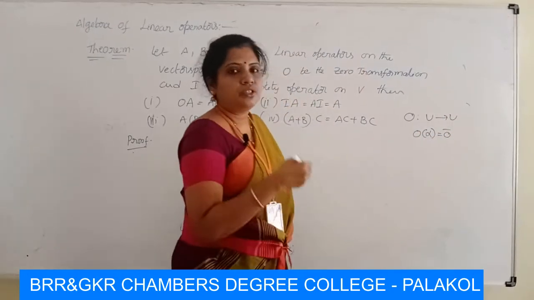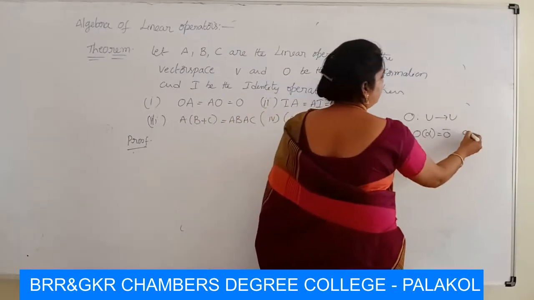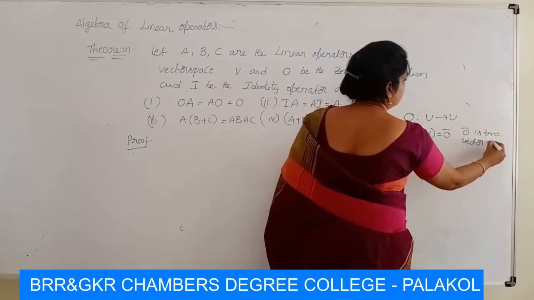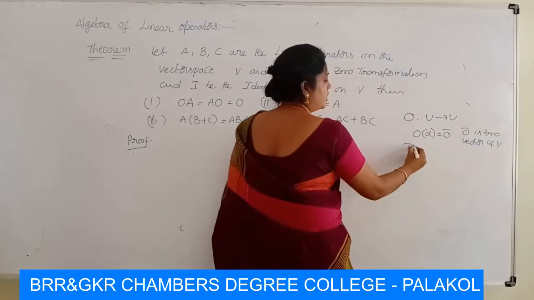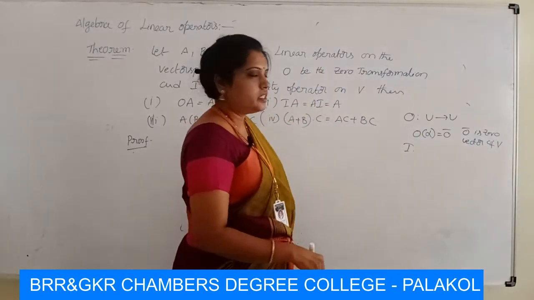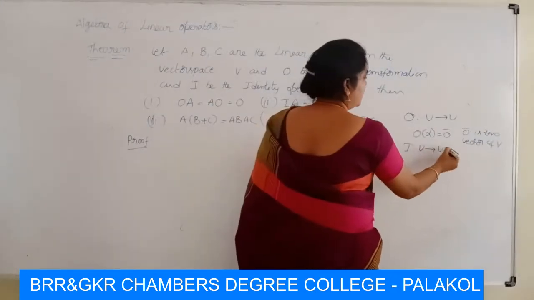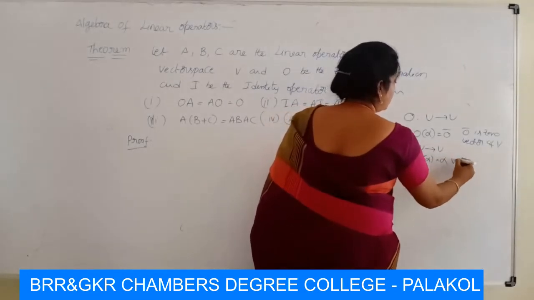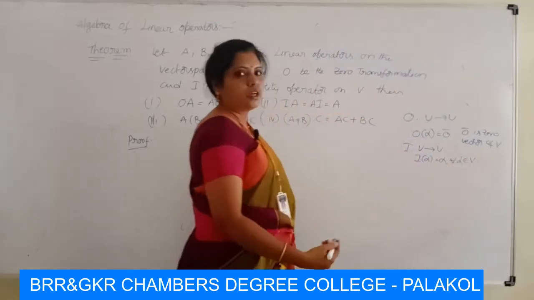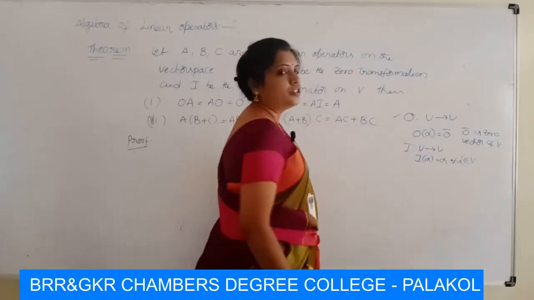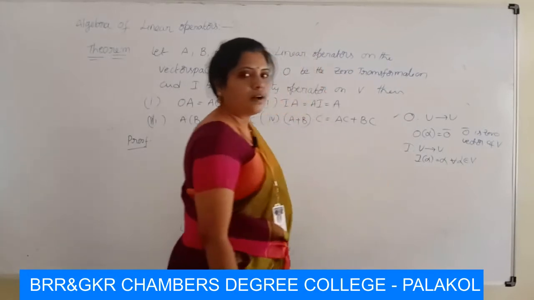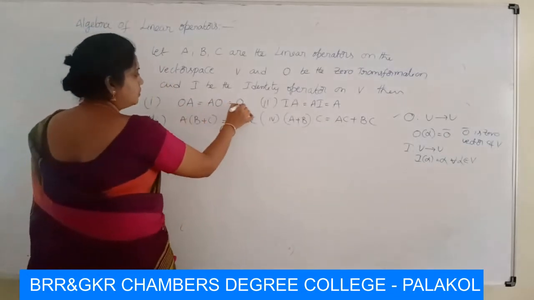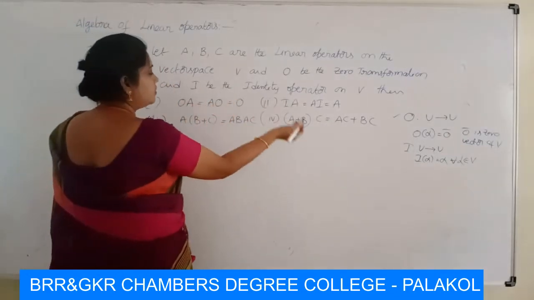Here 0 bar is the zero vector of the vector space V. And I is a linear operator defined from V to V by I of alpha equal to alpha for all alpha belonging to V. So now we have to prove OA equal to O and similarly AO equal to O.